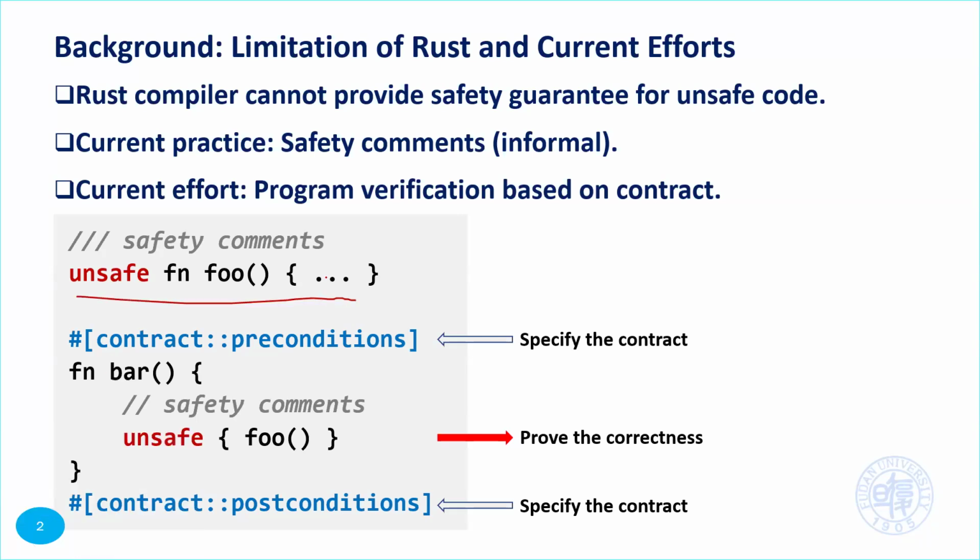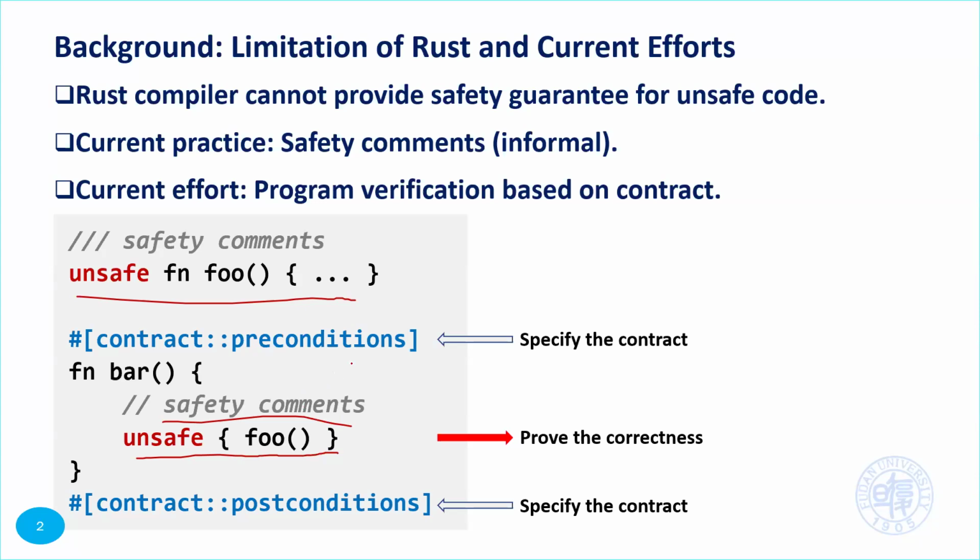For the unsafe function declaration, the developers should provide the safety comment to indicate how to use the function safely. And in the call site of the function, the users should specify why using the unsafe function is safe. This is the current best practice, but it is informal and can provide almost no guarantee.